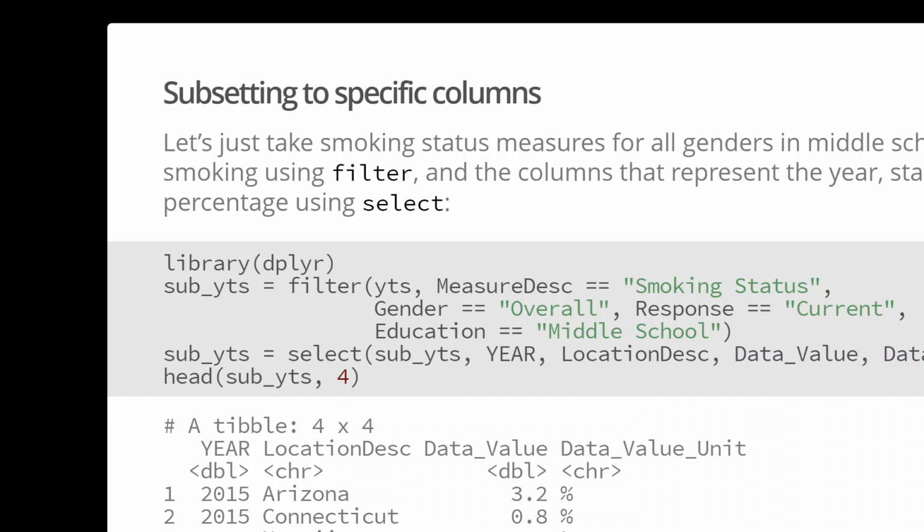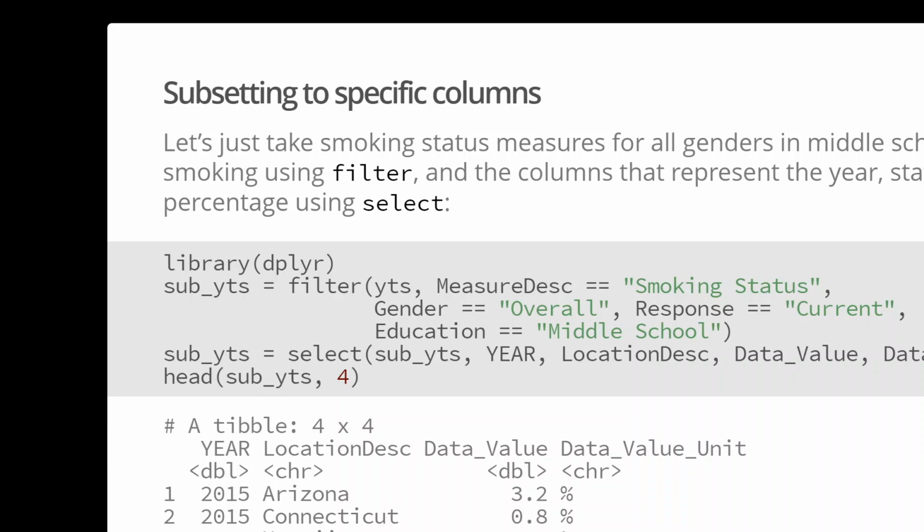And so let's just filter to smoking status measures for all genders in middle school, for current smoking status using filter, and then just the columns that represent the year, state, and percentage using select. And so again, if you want to do this with an intermediary variable without piping, you could say, hey, let's filter this.